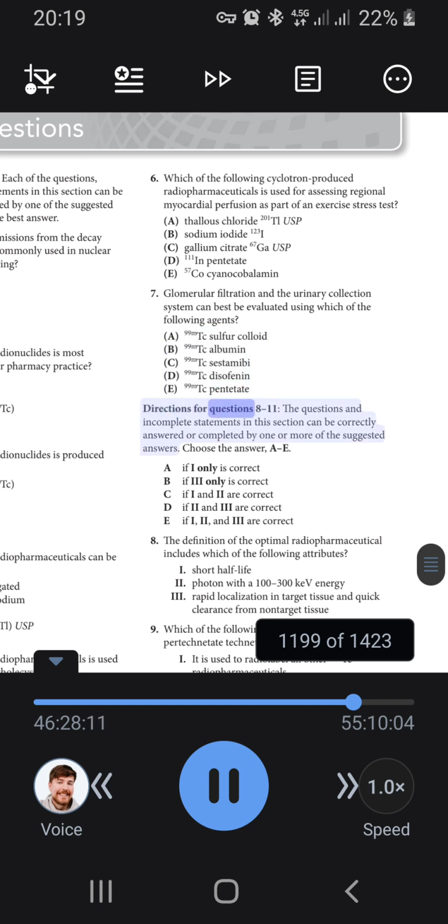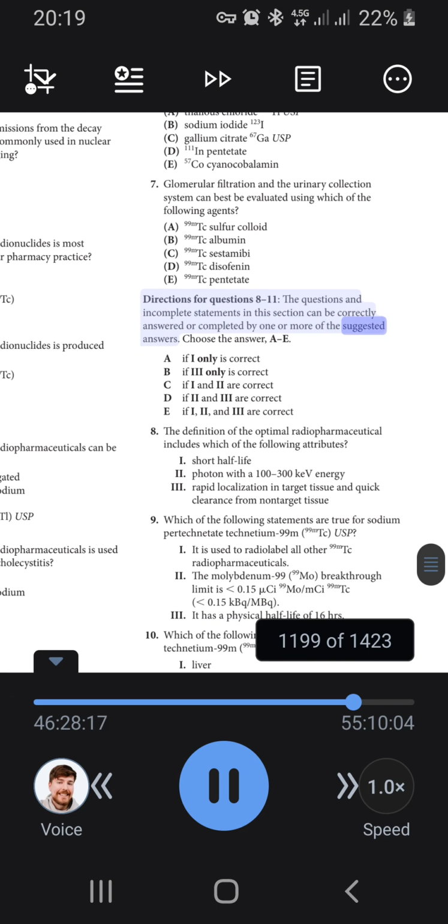Directions for questions 8-11. The questions and incomplete statements in this section can be correctly answered or completed by one or more of the suggested answers.